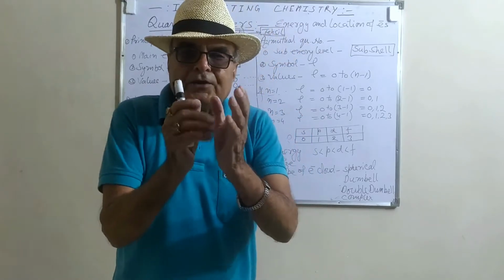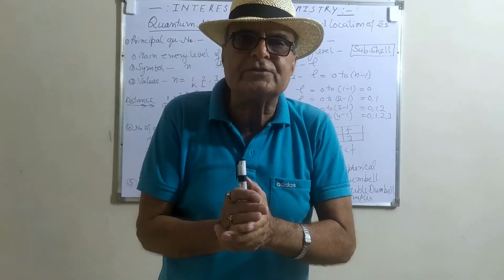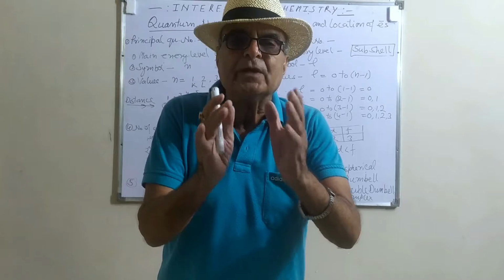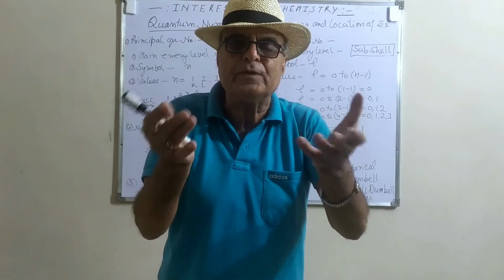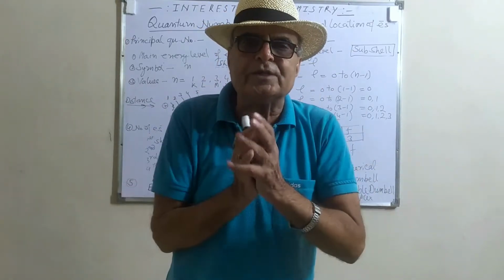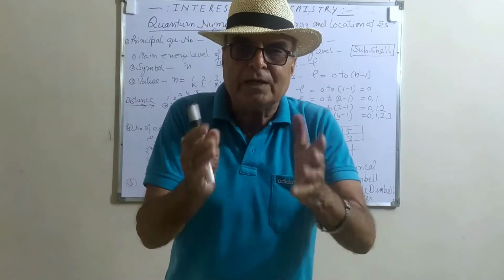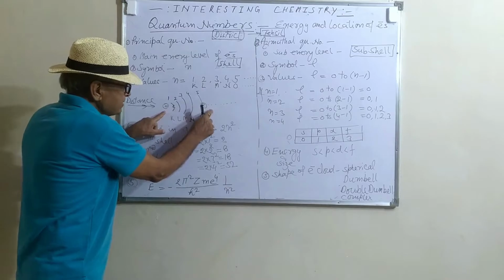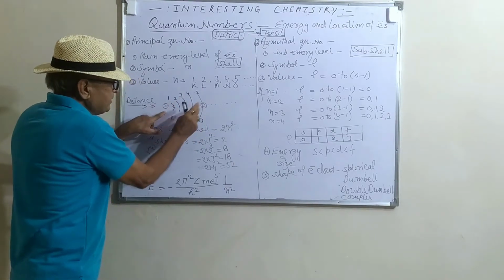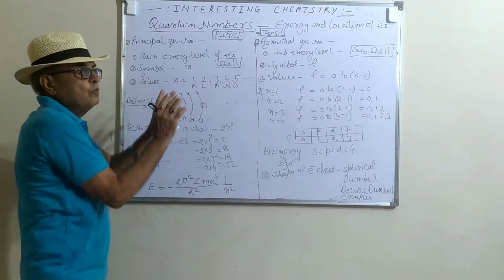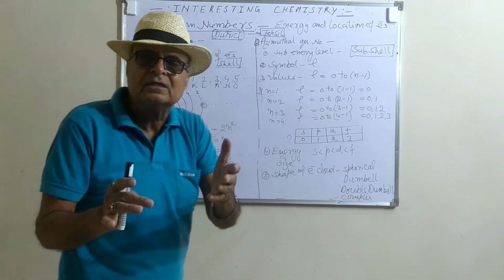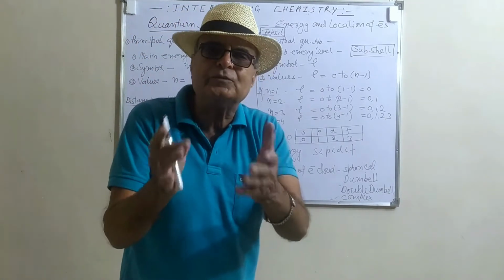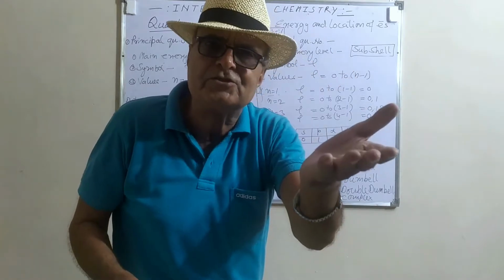the attraction between the electron and the nucleus will decrease, because on increasing the distance, the attraction between the electron and the nucleus will decrease. Hence, the energy of the electron will increase.